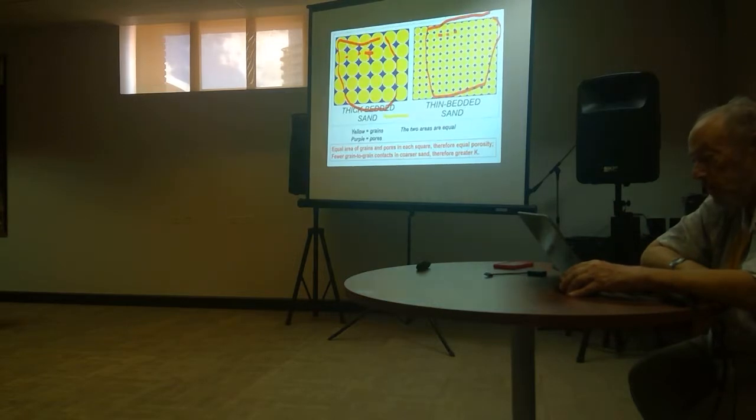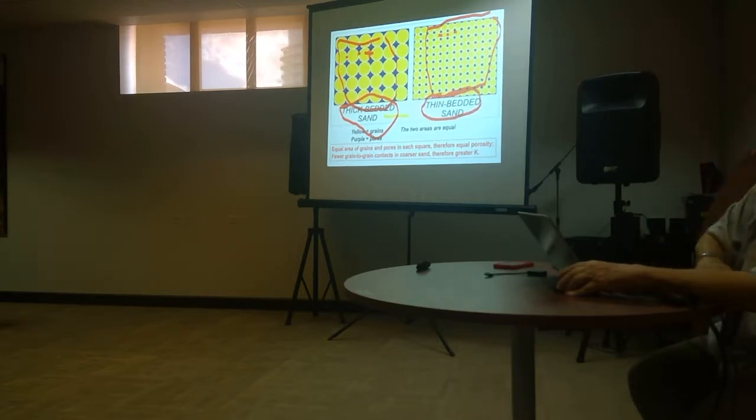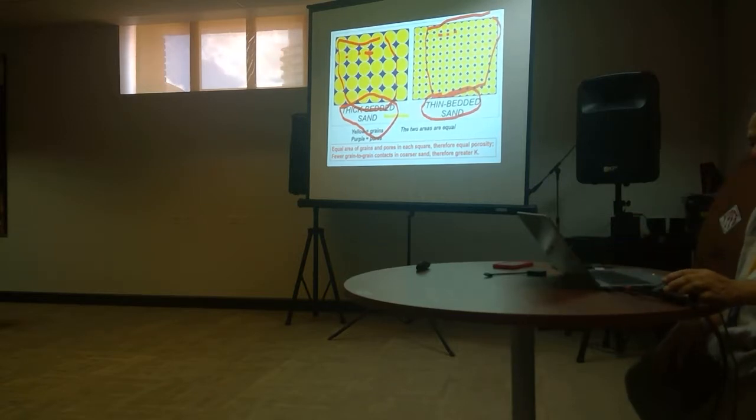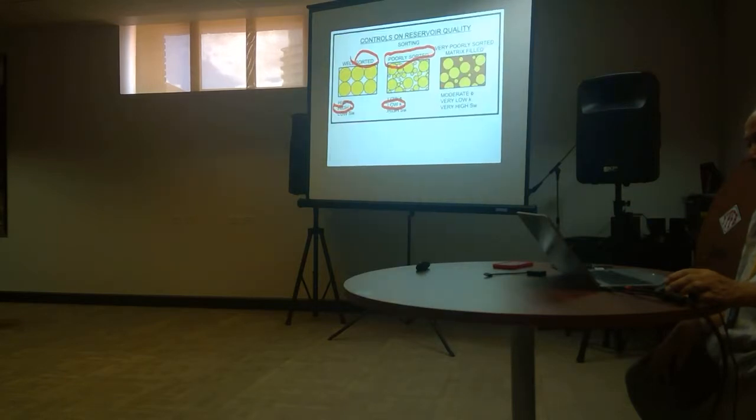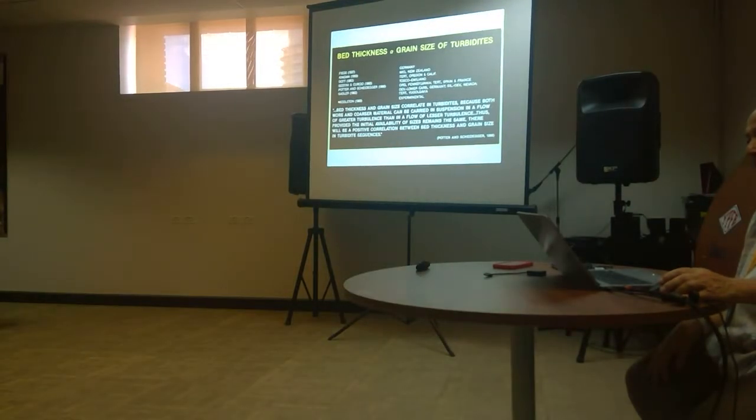Now, what I did here is I put this in terms of the bedding. Was it thick bedded or thin bedded? And why I did that is because there is a positive relationship quite often in sandstone reservoirs where the bed thickness is directly proportional to the grain size.